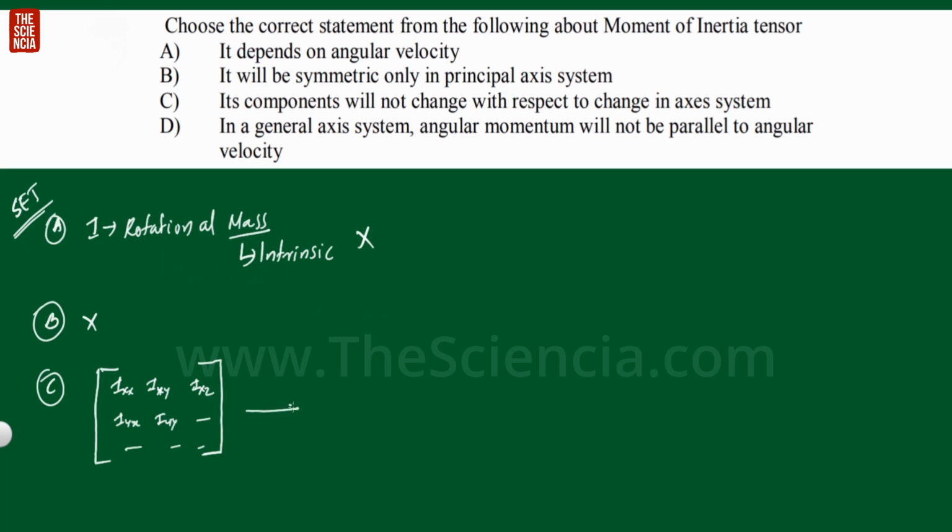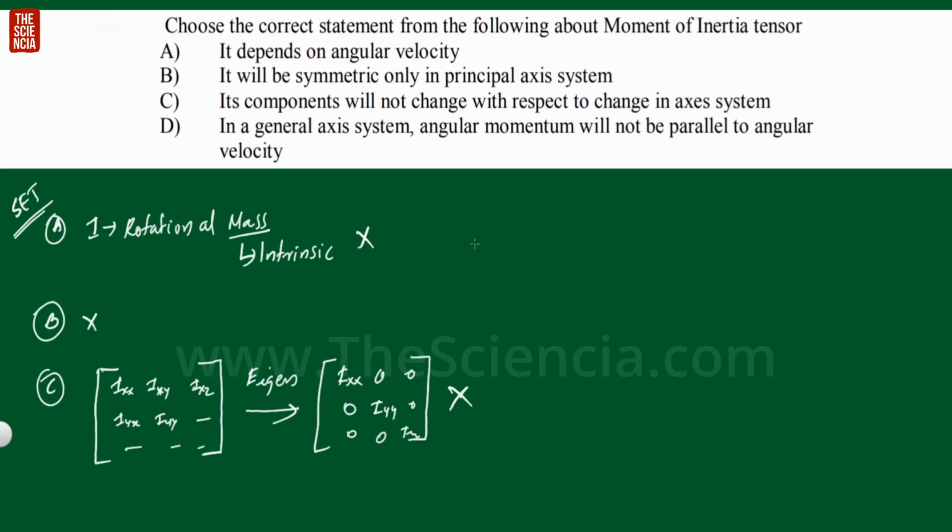And after doing some mathematical manipulation, we can find out its eigenvalues. So we get a matrix like Ixx 0 0, 0 Iyy 0, 0 0 Izz. So here you can see the components changed with respect to change in axis system. So this is also not a correct statement.